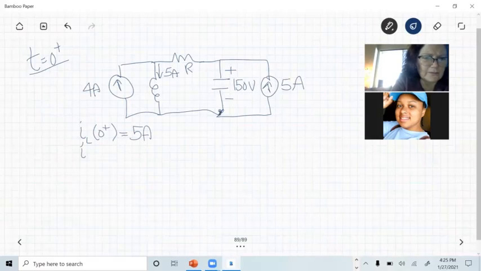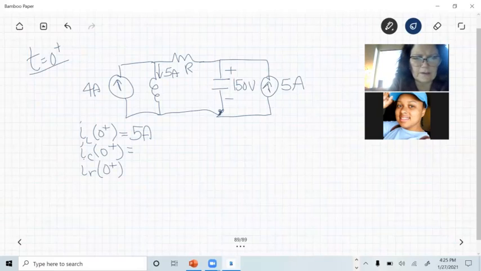I'm going to need IC. This is what you're asked for. I'm going to need IR. I'm going to need VL. I'm going to need VC. We know VC because it doesn't change. This is going to be 150 volts. And we want to find VR.